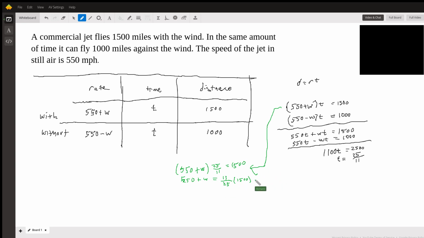So that's 660. Okay, so then W is just going to be equal to 660 minus 550. It's 110 miles per hour. And you probably should put the units here, miles per hour.